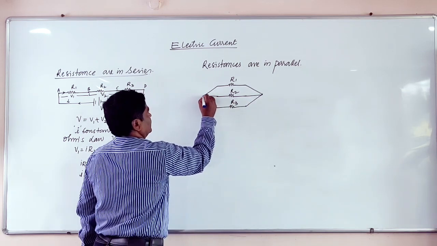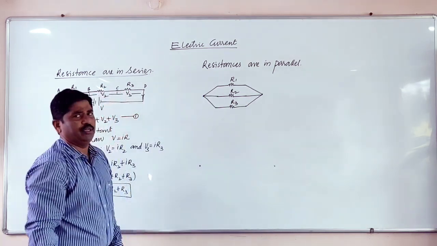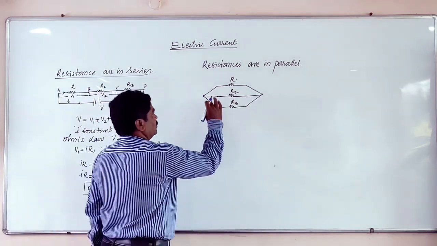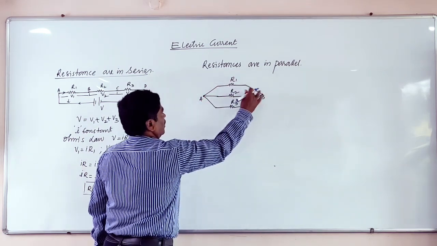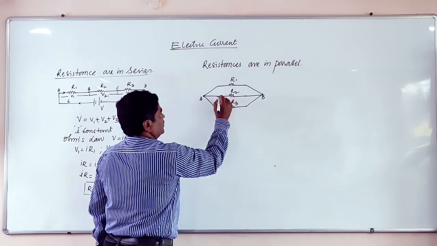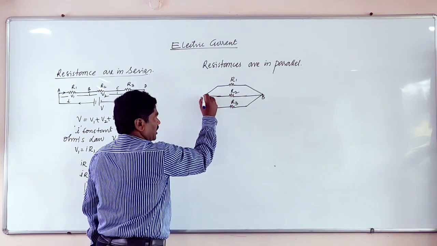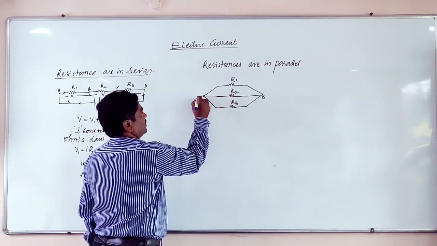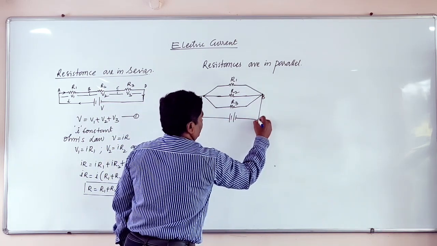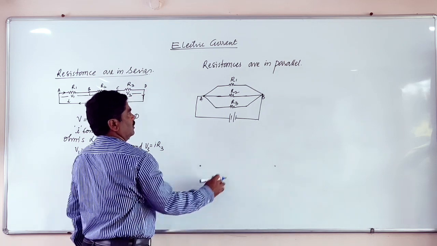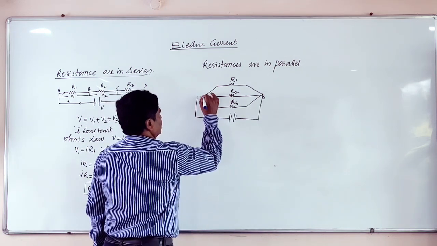If they are connected like this, the combination is said to be parallel. See, their ends are common across R1, R2 and R3. Therefore, their potential difference is common because the extreme ends are connected with the battery.